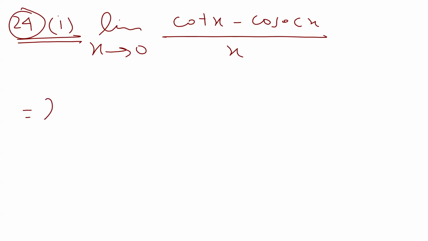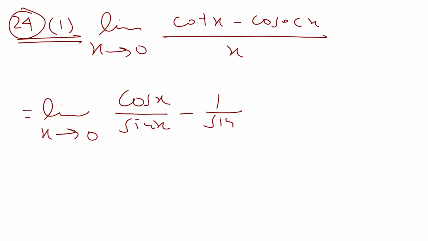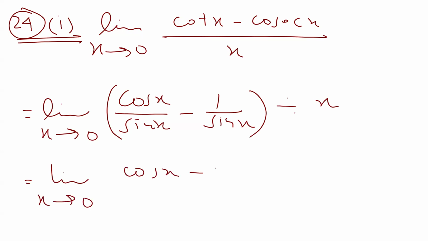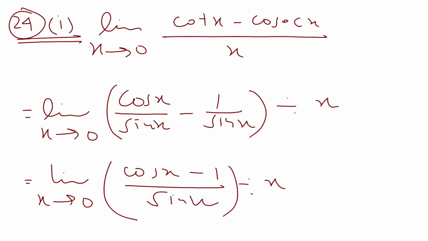Converted into sin and cos: cos x upon sin x minus 1 upon sin x, divided by x. So this will be cos x minus 1 upon sin x divided by x. Now this cos x minus 1, I'll reverse it.